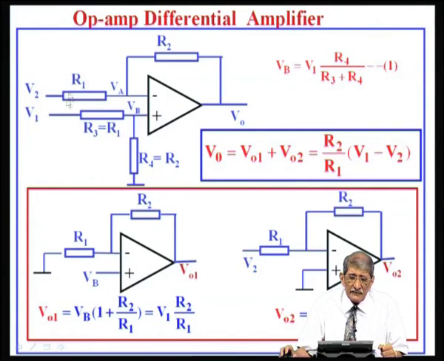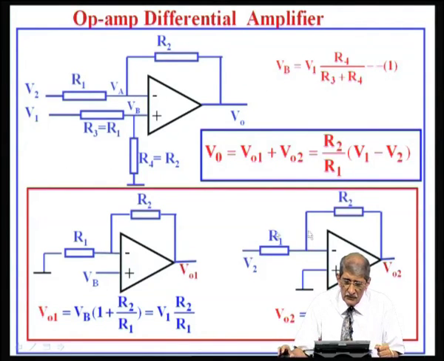You can analyze this very simply by considering this circuit as a superposition of these two circuits. In this portion, I have found out what V b is, and take that V b as the input voltage to the op amp and consider V 2 as 0.